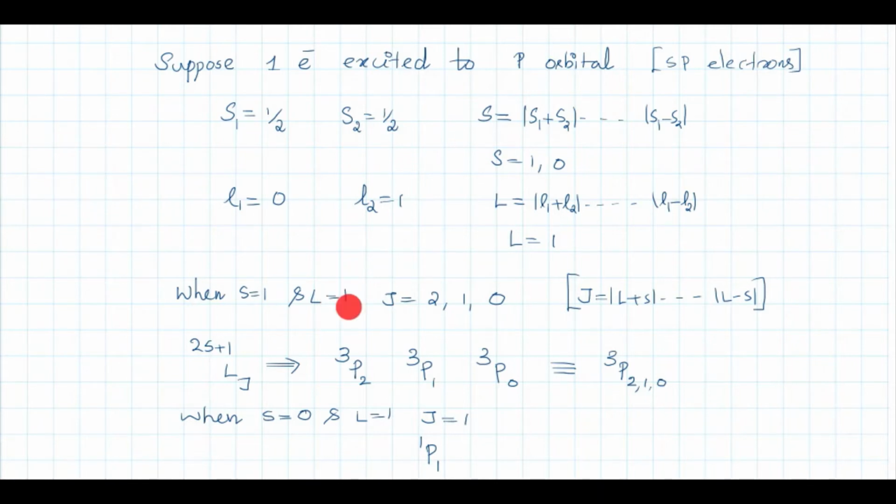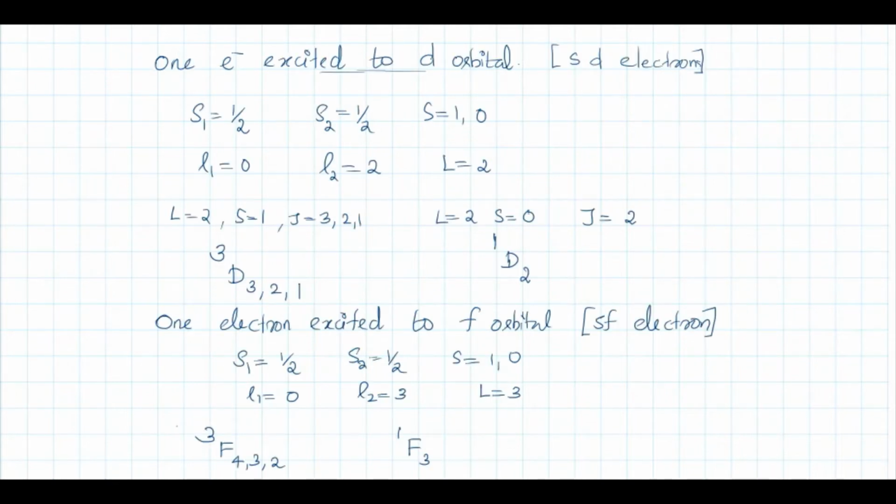Whenever you have L equal to 1, you have to write P. When S equal to 1, 2S plus 1 becomes 3. So the terms are 3P2, 3P1, 3P0. It is actually 3 terms. When S equal to 0, L equal to 1, J has only one possibility, 1, and the term is 1P1. The total spectroscopic terms are 4: 3P2, 3P1, 3P0, 1P1. Okay, for an sp electron.